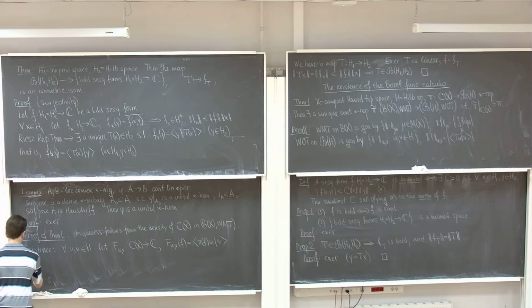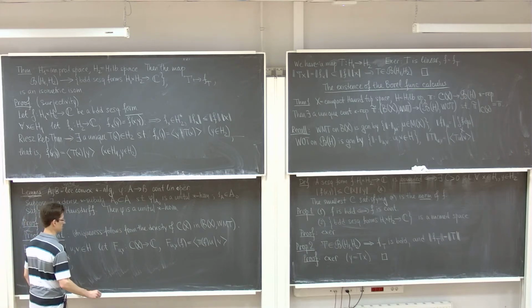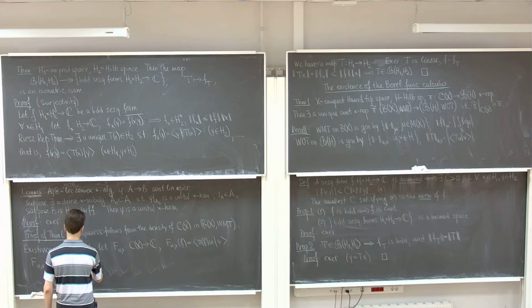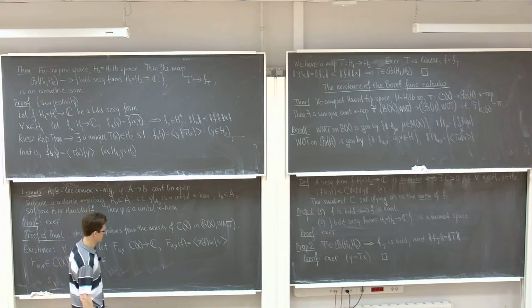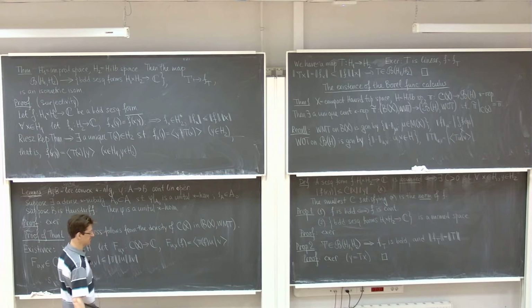The Cauchy-Bunyakovsky-Schwarz inequality readily implies that this functional is bounded. And its norm can be estimated as follows. This is less than or equal to the norm of pi by the norm of u by the norm of v. This follows from the Cauchy-Bunyakovsky-Schwarz inequality.